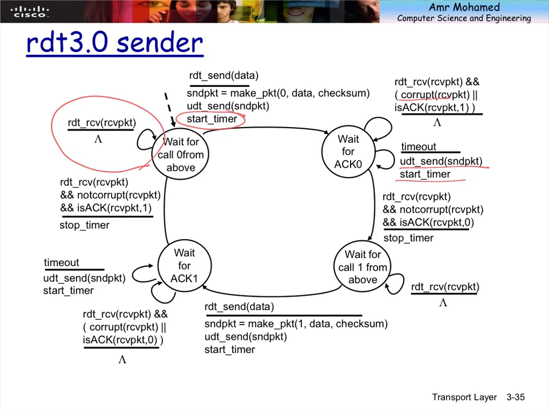So whenever I retransmit or send a packet for the first time, I have to always start the timer. When the timer runs, I might have an event that the timeout has elapsed or the countdown timer has reached 0. In which case, I will have to retransmit and also start the timer. Okay? So this is clear.